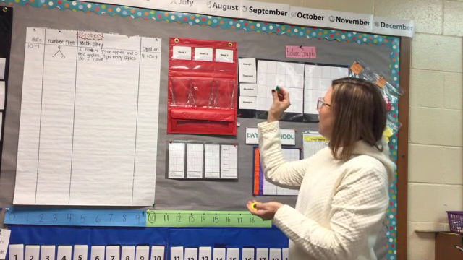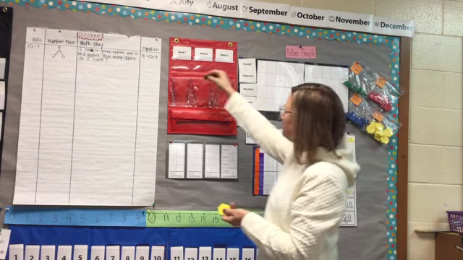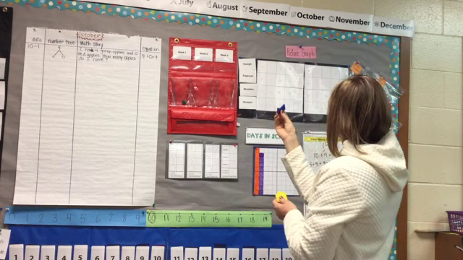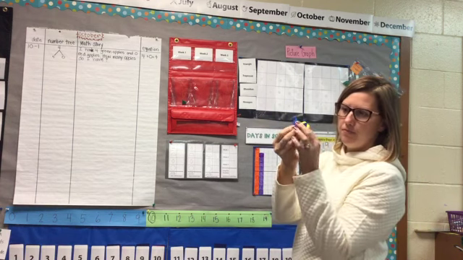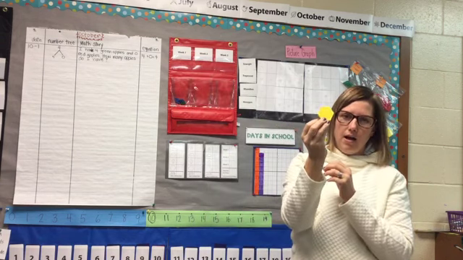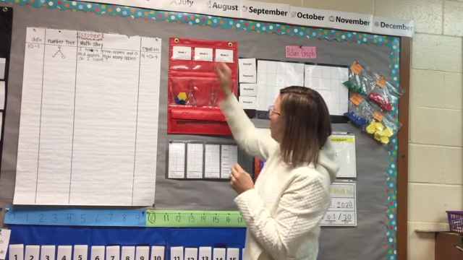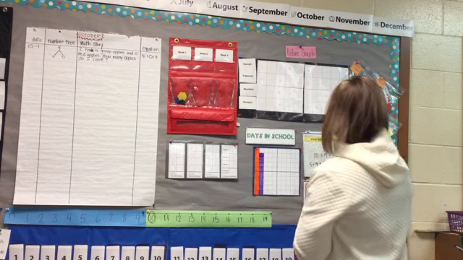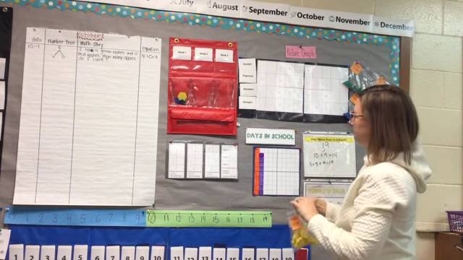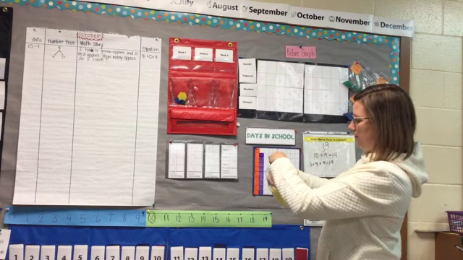I have a green triangle. I have 2 blue rhombuses and 1 yellow hexagon. So I dropped them all into week 1. Okay, and now I'm going to put those on our chart, on our picture graph.